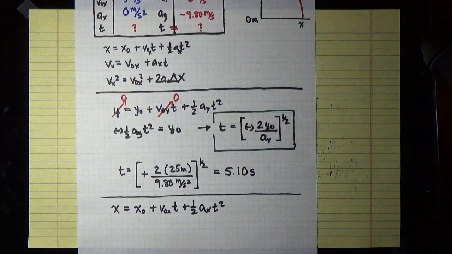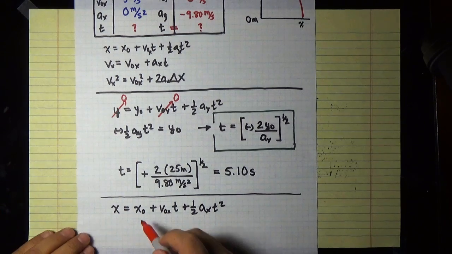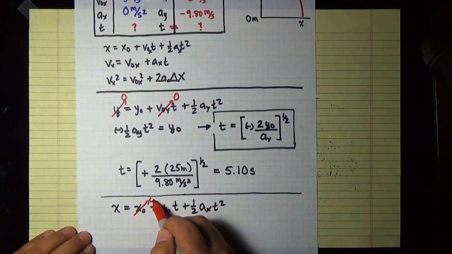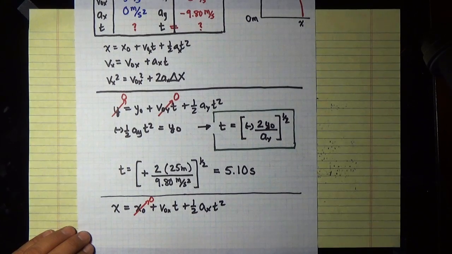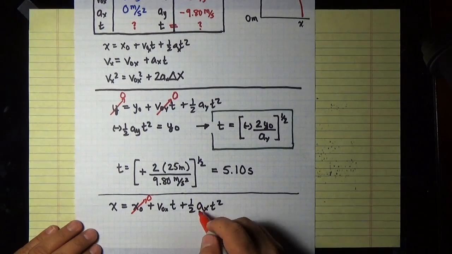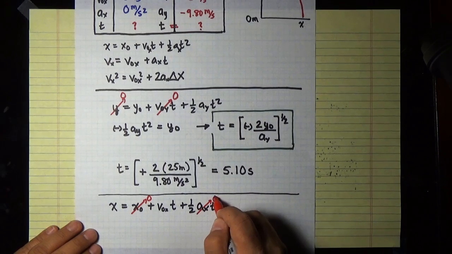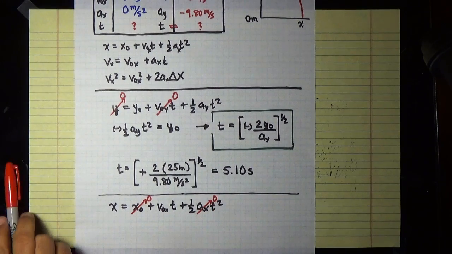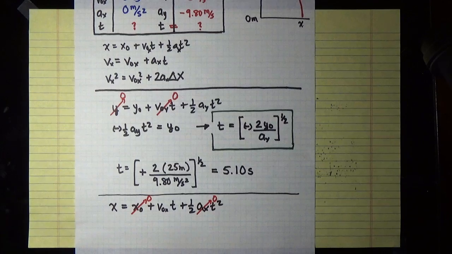Life is good here because there are several things that go to 0. In particular, the initial position is 0. It starts at the origin in terms of x, and the acceleration in the x direction is also 0. So this is really just a problem of multiplying speed times time.